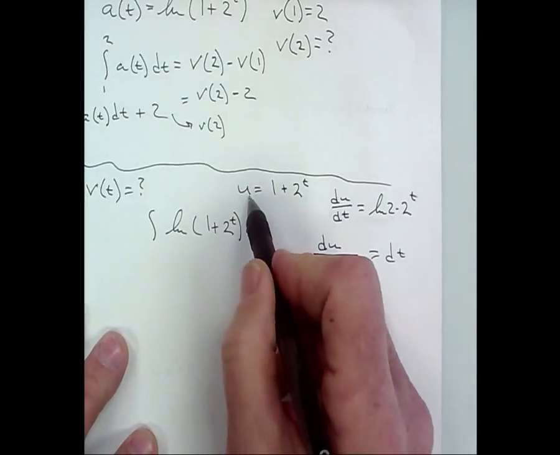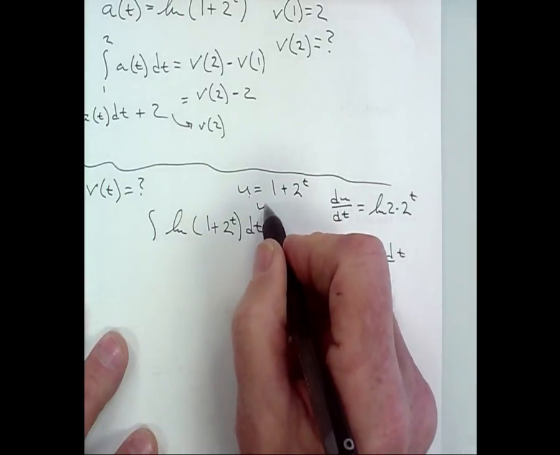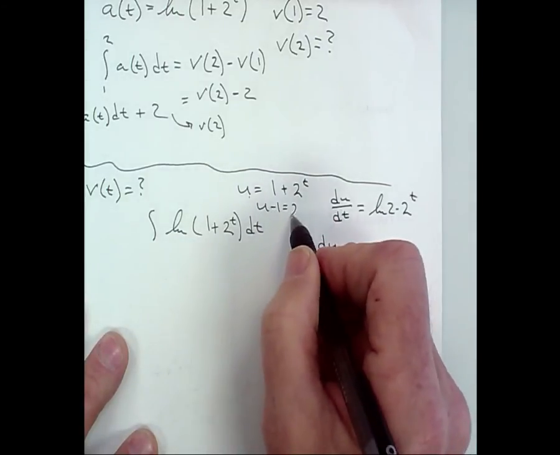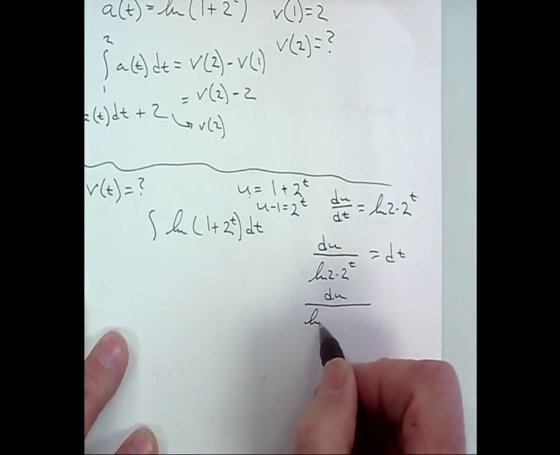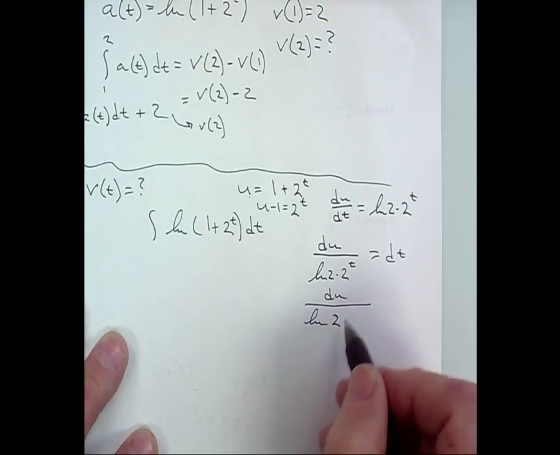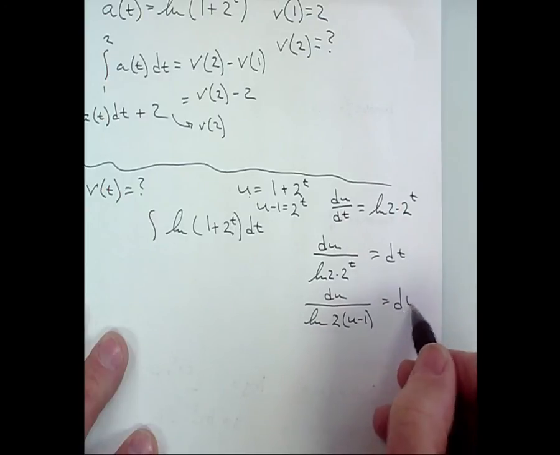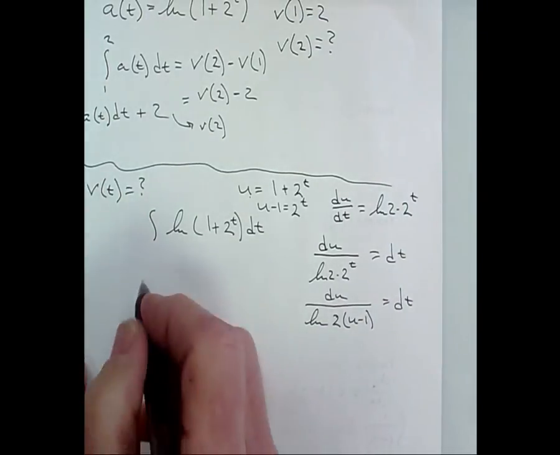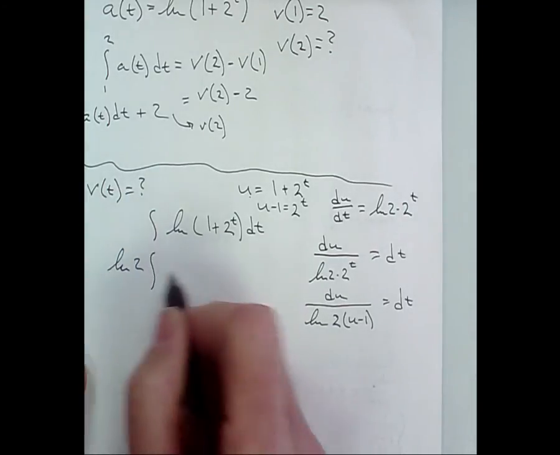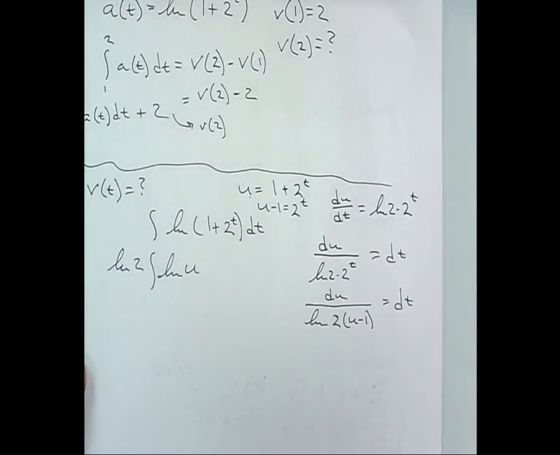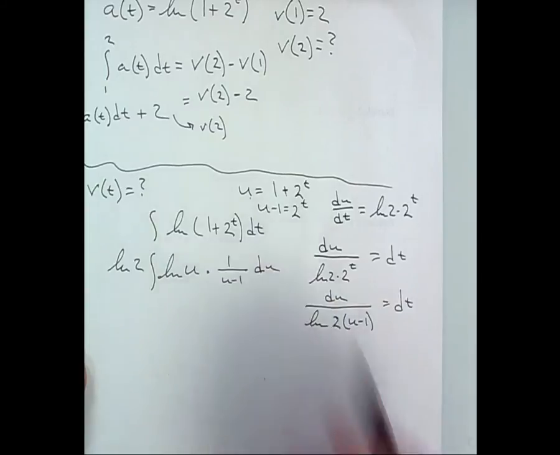But if u equals 1 plus 2 to the t power, u minus 1 equals 2 to the t. So I rewrote it one more time as du over the ln of 2 times u minus 1 is equal to dt. So I wrote this. I got 1 over the ln of 2, there's my constant. I got the ln of u times 1 over u minus 1 du.